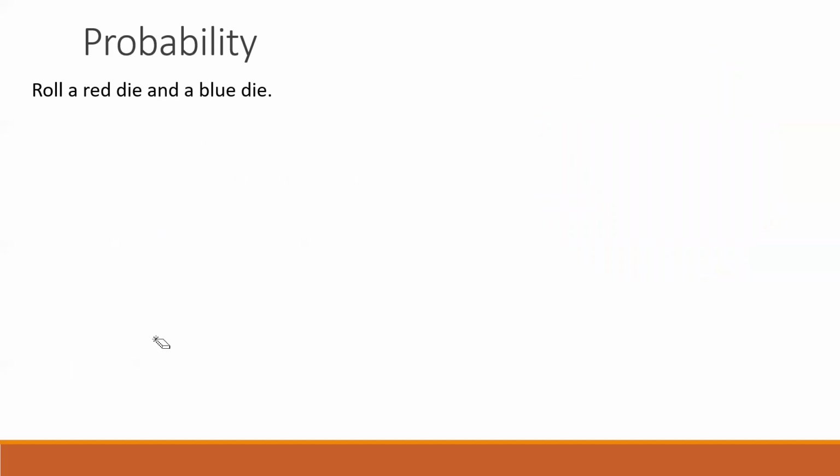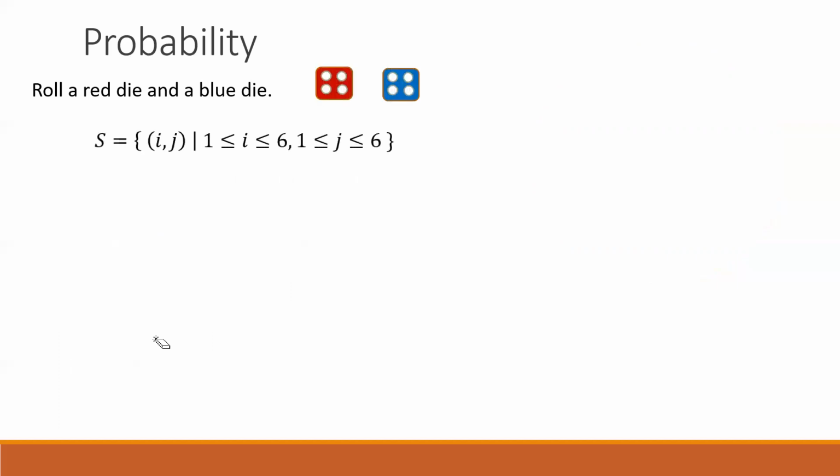All right, so then the same as we did with our heads and tails, let's roll 2 dice now. We're going to roll a red die and a blue die. So now our sample space is going to be the set of all pairs I and J, where I and J are numbers between 1 and 6, and I represents the red die, J represents the blue die. All right, so now if I list out all the elements in my sample space, I would have to do something like this.